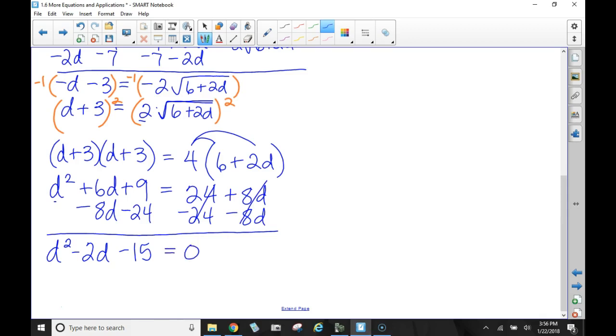Quadratic, is that thing factorable? Can I find two numbers that multiply to give me negative 15, but combine to give me negative 2? I think so. How about a d minus 5 and a d plus 3.